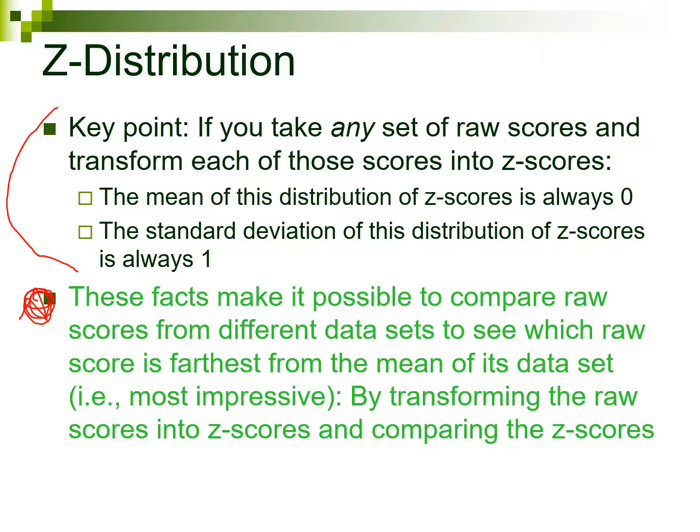It must be the most impressive raw score from any of the distributions. But the key point is that you can't do that. To compare raw scores from different distributions, you must first transform all of the raw scores into z-scores and then compare the z-scores. Let's look at a specific example of this on the next slide.